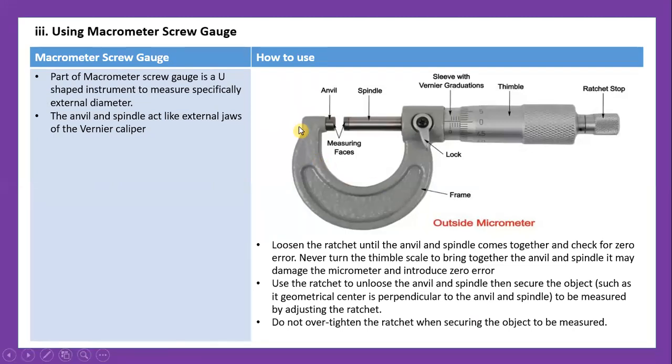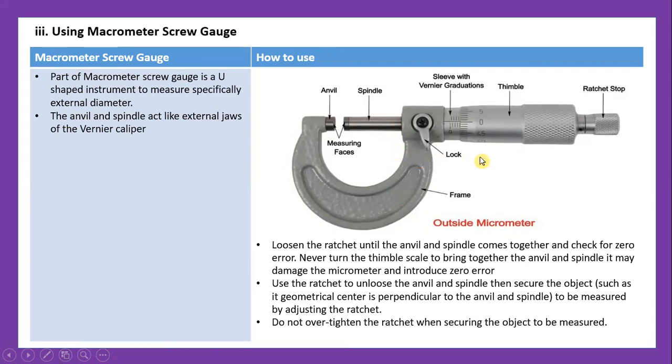There are parts called the anvil and spindle, and these two items act like the external jaws of the vernier caliper.